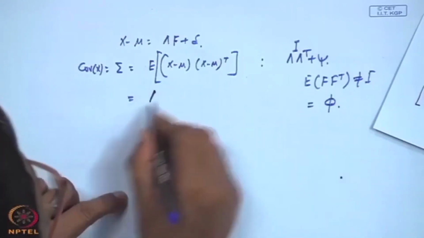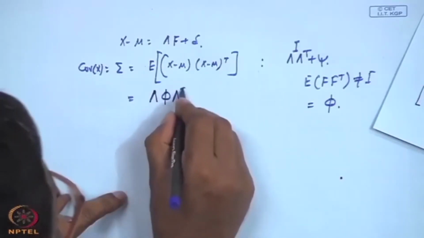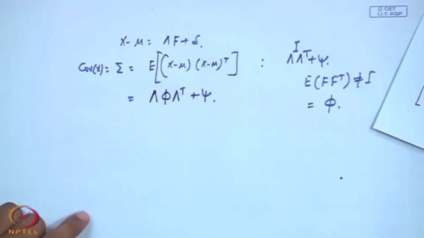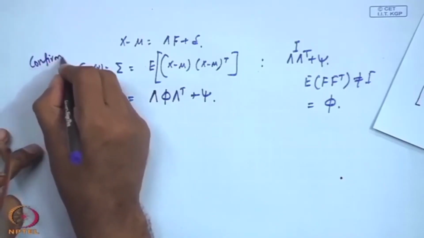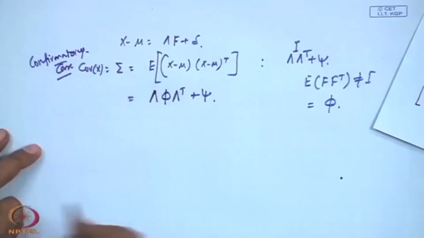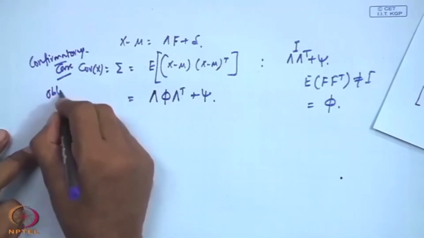The covariance structure will be lambda phi lambda transpose plus psi. So in the confirmatory case, why is it so? Because we are going for oblique factors.